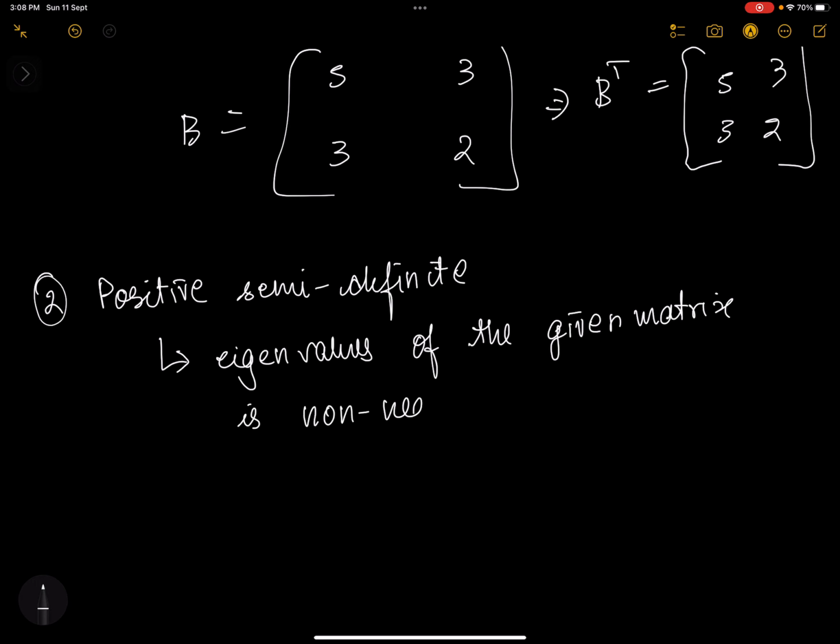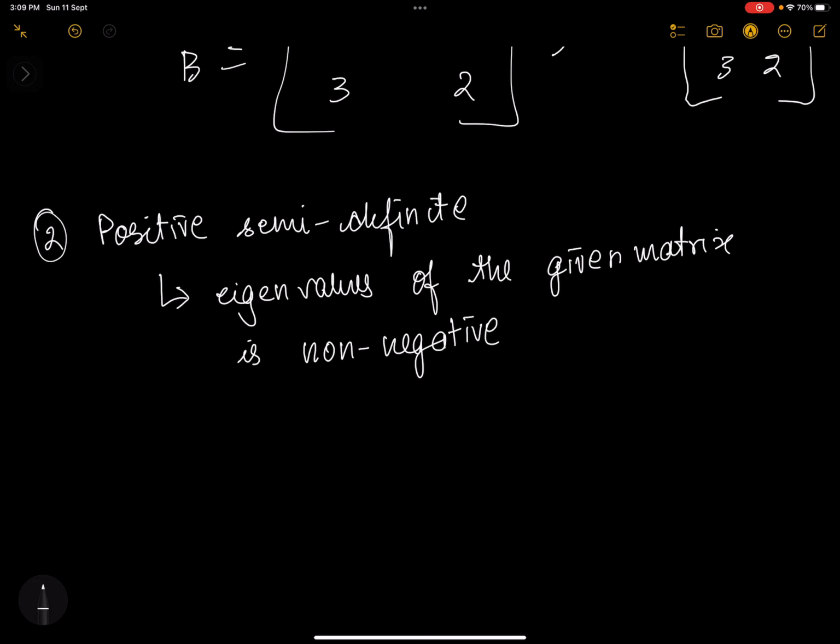This is what characterizes a semi-definite. If it had been positive definite, we would want all the eigenvalues to be positive. The intuition behind definiteness calls for another video altogether, because it's a very broad concept, but it is quite intuitive. So there will be many more videos regarding this in linear algebra.